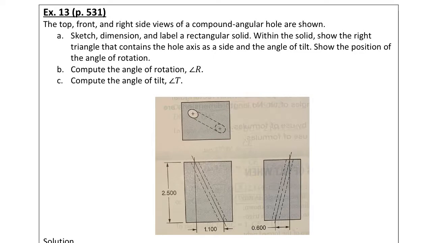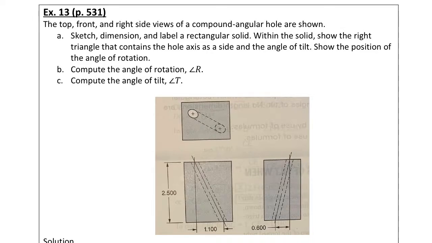And the last image represents the right side. On this image we see the width, which is 0.6. From this right view we see that the axis of the hole comes from the upper right and goes down to the left. Using all these three views, we have to construct the rectangular solid.